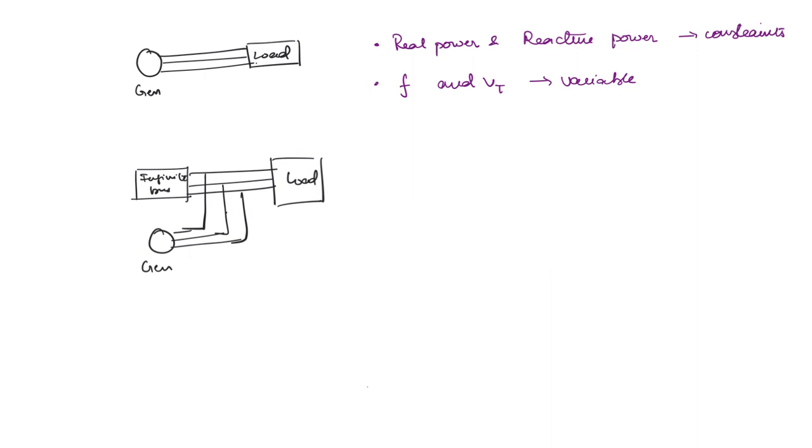In this case, what was the constraint? The frequency and the terminal voltage are constrained to be constant, because in an infinite bus there are so many generators that this cannot change just because of a single generator. Now what is variable? The real and reactive power delivered by the generator.